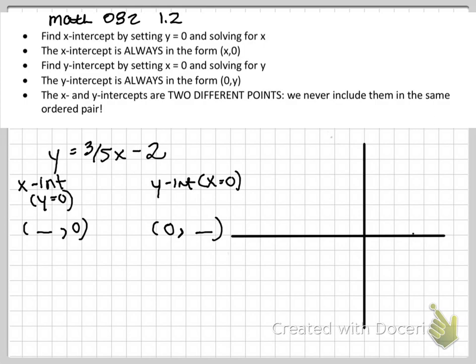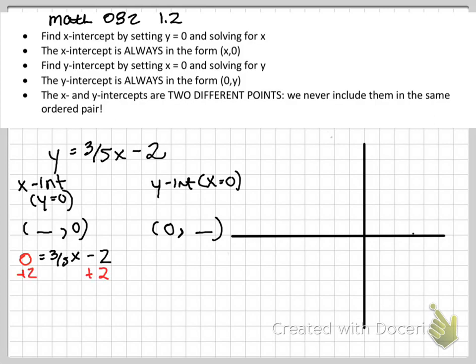Let's start out with the X-intercept, which is where we set Y equal to 0 and solve. If I put 0 here in place of Y, then I'm going to have 0 equals 3/5 X minus 2. Then I'm going to add 2 to both sides, plus 2 plus 2.